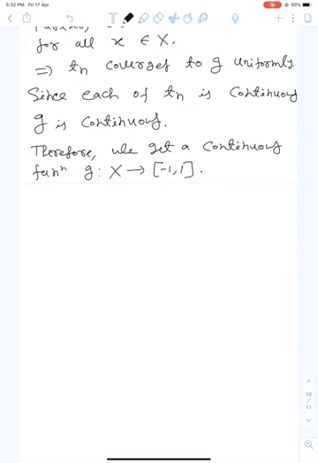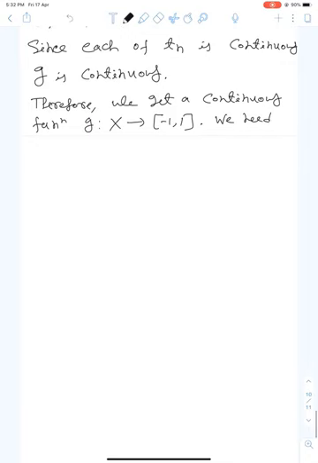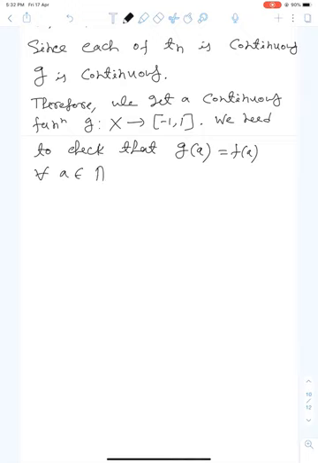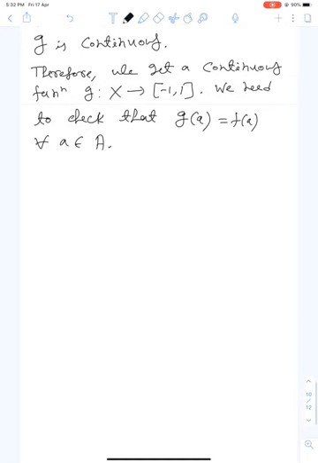Now we just need to check that g(A) = f(A). Now we need to check that g(a) = f(a) for all a belongs to A. Now this is also true. Why? Also by our construction.